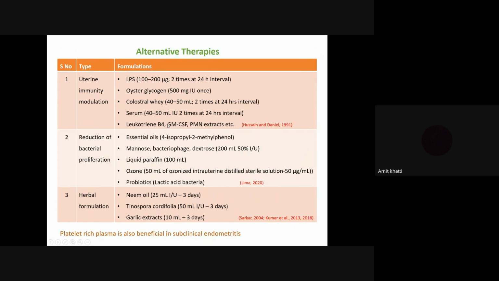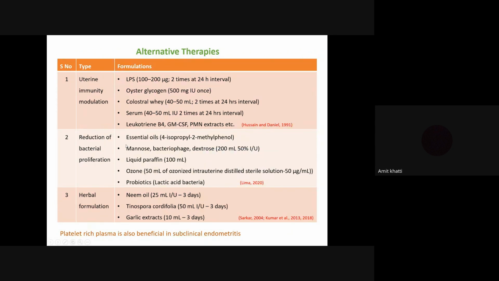All those agents are boosting the uterine immunity. They will boost the cellular as well as the chemokine immunity of the uterine system, and it will be helpful for combating the microbial contamination.